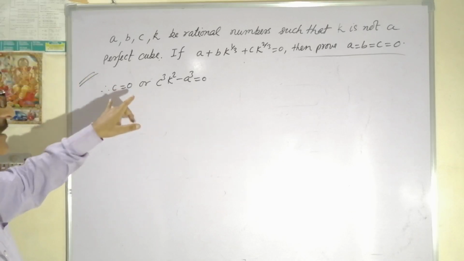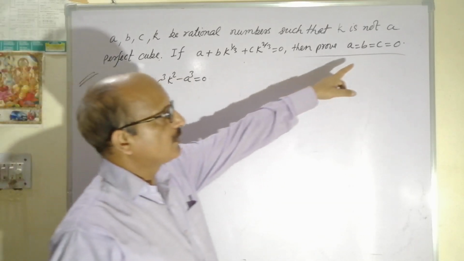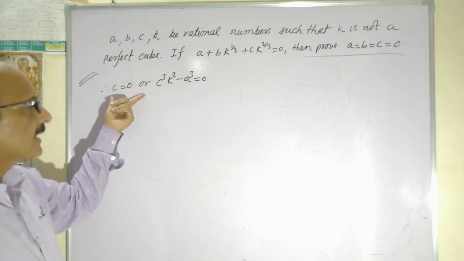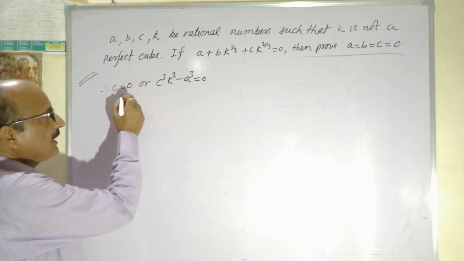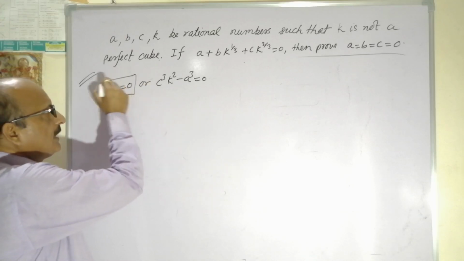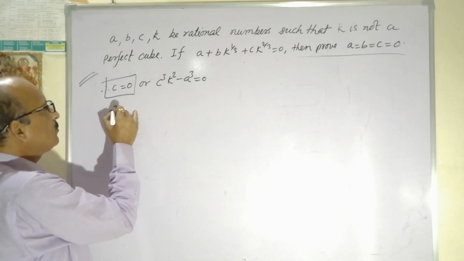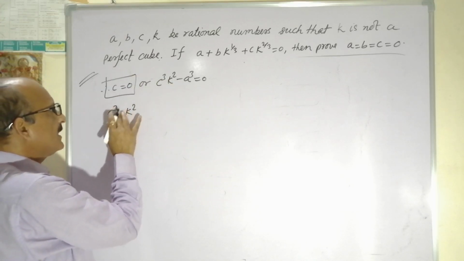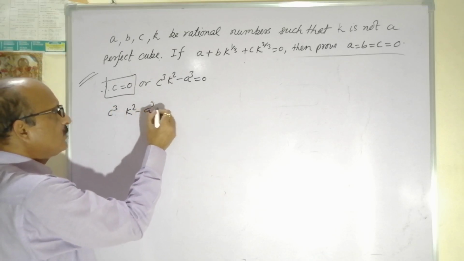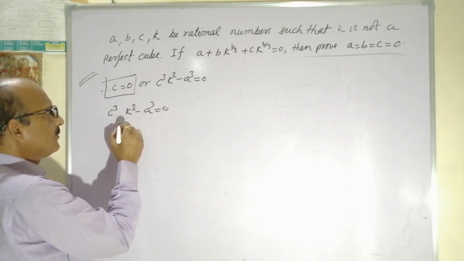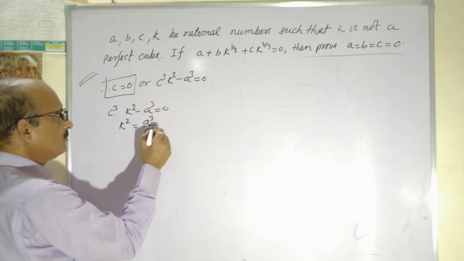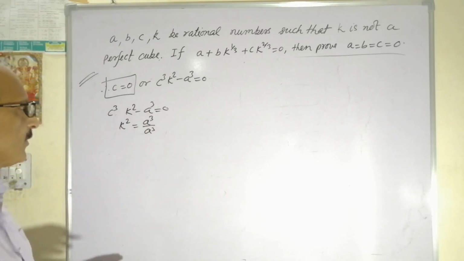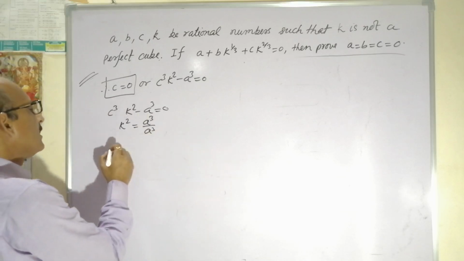One thing we got here is c equal to 0. I think one more condition is also here, but this will be guaranteed by us later. Now let's see. If this is 0, then there is no problem. If c^3 k^2 minus a^3 is 0, it means k^2 is equal to a^3 upon c^3.